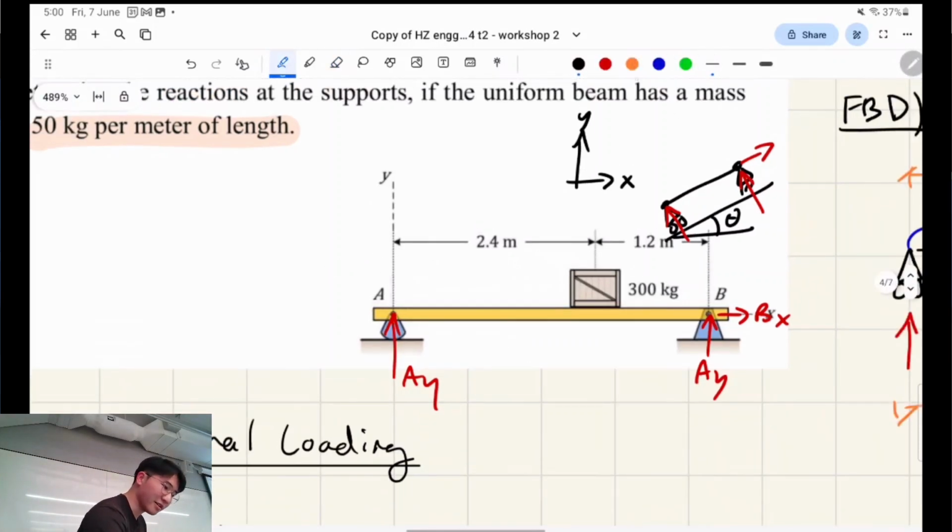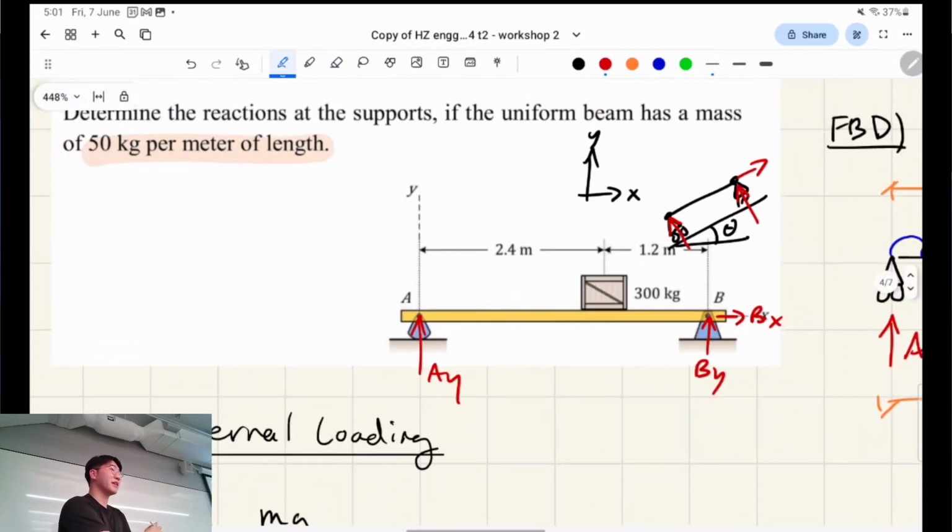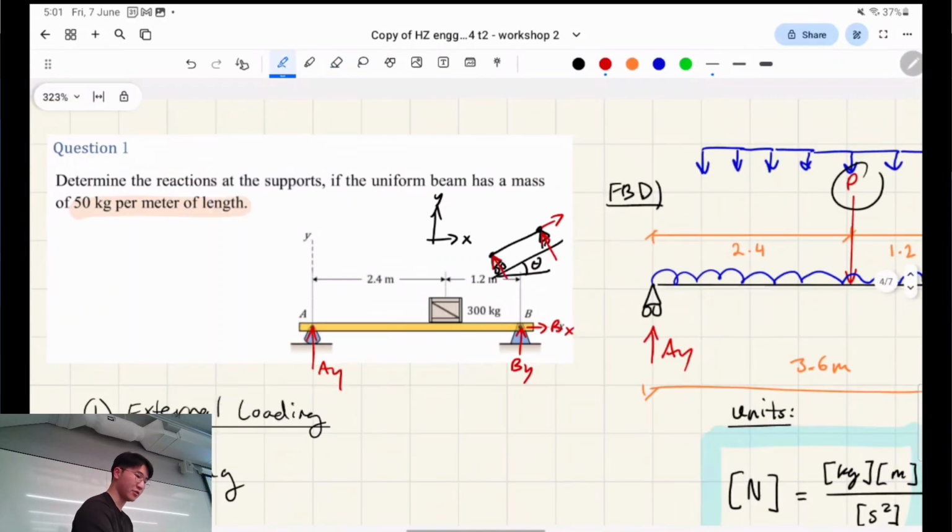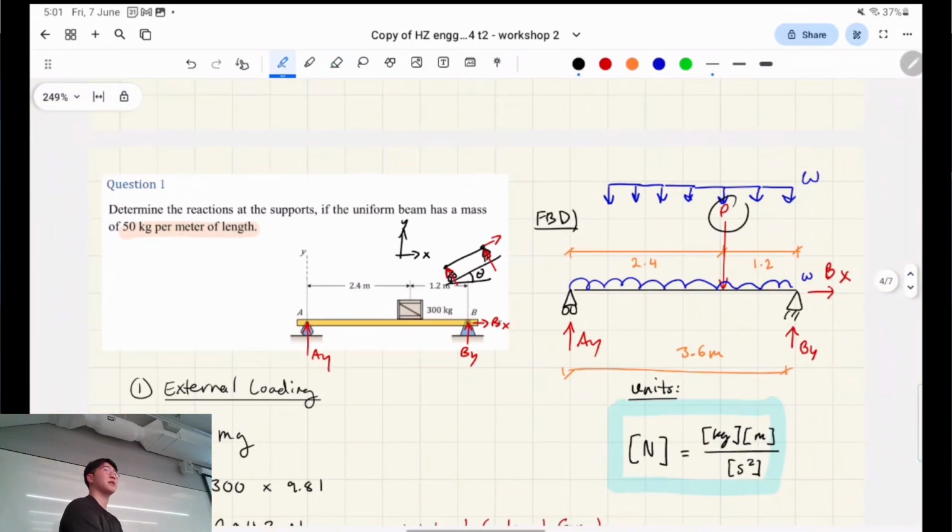I think the reason for that is that gravity goes down. Those will be the majority of your external loads in real life, so if we have reaction forces that go up, that's the direction it normally goes anyway. Cool. Any more questions at the moment? All right, cool.